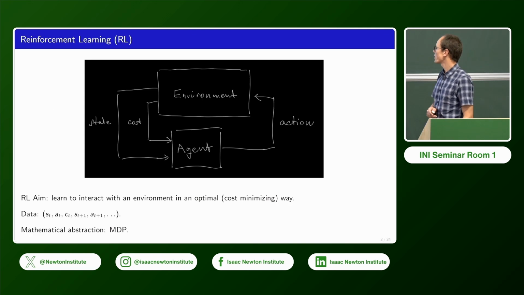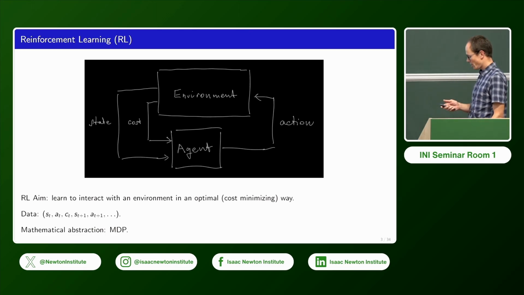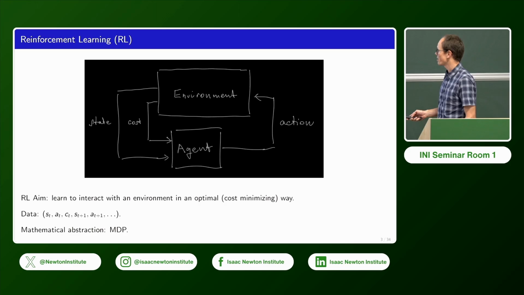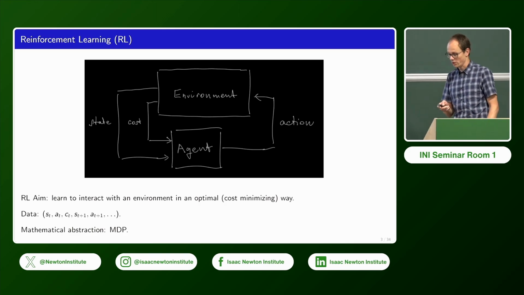Okay, so we are working in the very usual setup. We have an agent interacting with an environment. The agent takes an action, the environment does something, creates a new state and a cost. The agent sees the new state and chooses a new action. So we have a stream of data from which we would like to learn.